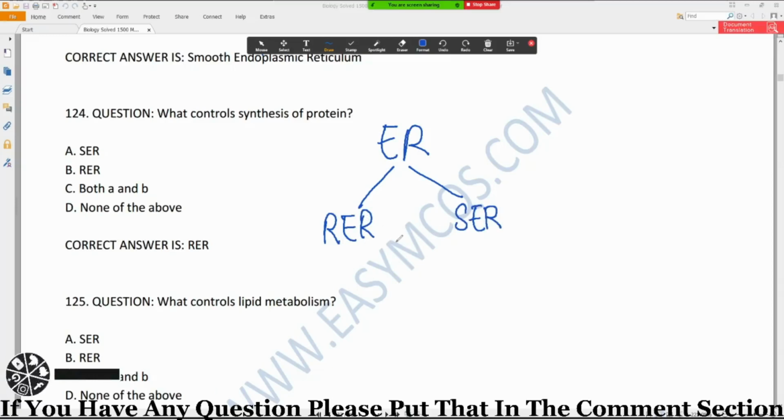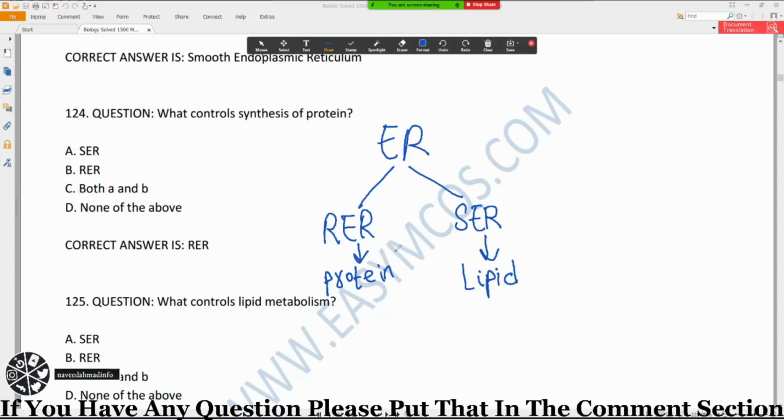These two types have their particular functions. Rough endoplasmic reticulum is responsible for the synthesis of protein, and smooth endoplasmic reticulum is responsible for the synthesis of lipid.